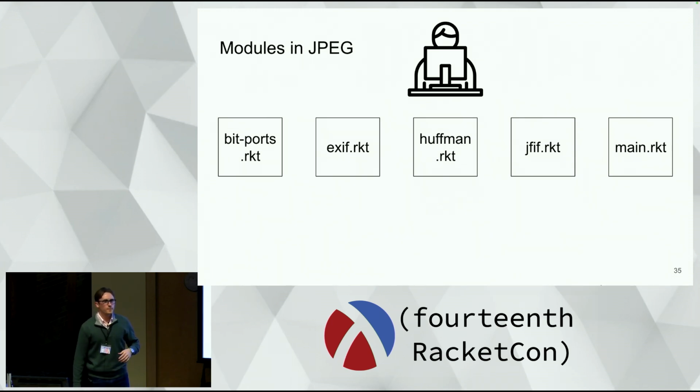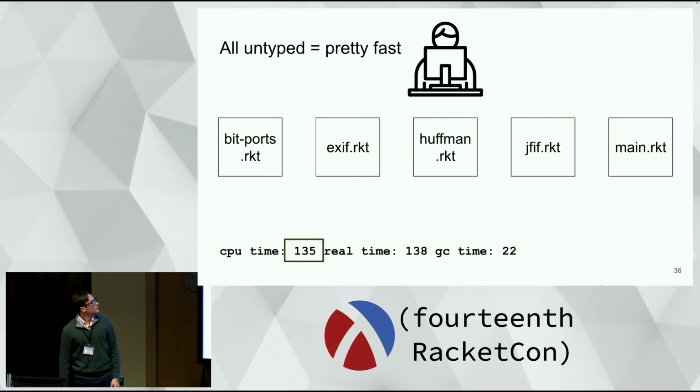Ben Greenman, in addition to adding types, added a driver that basically just runs the functions on a given input and times it. So just like in our toy example, we'll be able to see timing information. When we run this program, our initial time is 135.